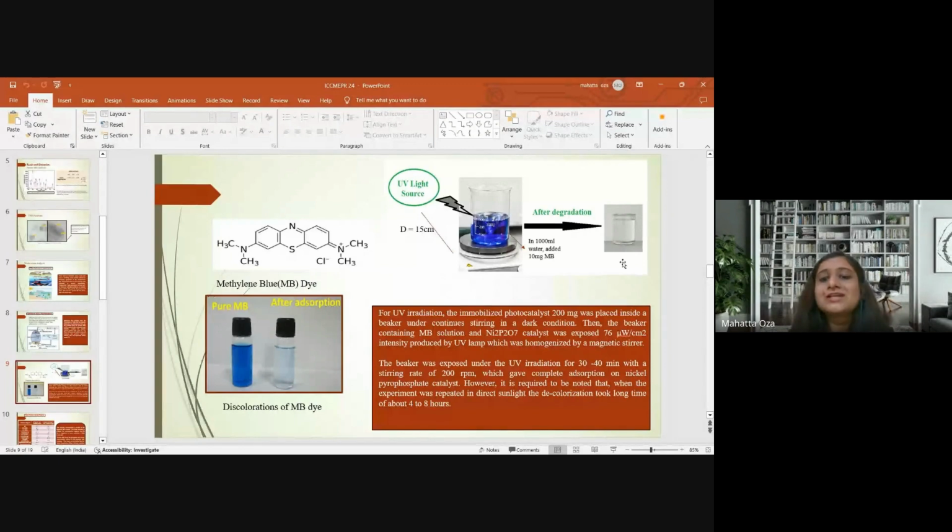The beaker was exposed under the UV radiation for 30 to 40 minutes with a stirring rate of 200 rpm, which gave complete adsorption on the nickel pyrophosphate catalyst. However, it should be noted that when the experiment was repeated in direct sunlight, the decolorization took a long time, about 4 to 8 hours.